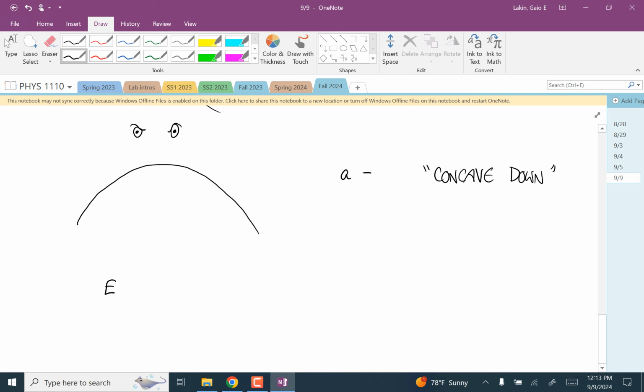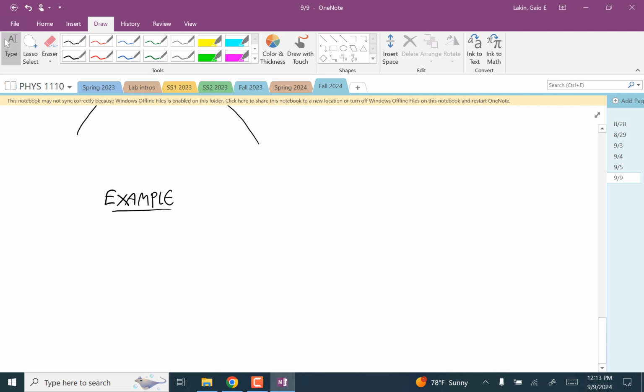So let's think of an example. Let's say we have a position versus time graph. And that's what it looks like. And let's think about 3 different points. So first, point A is there.